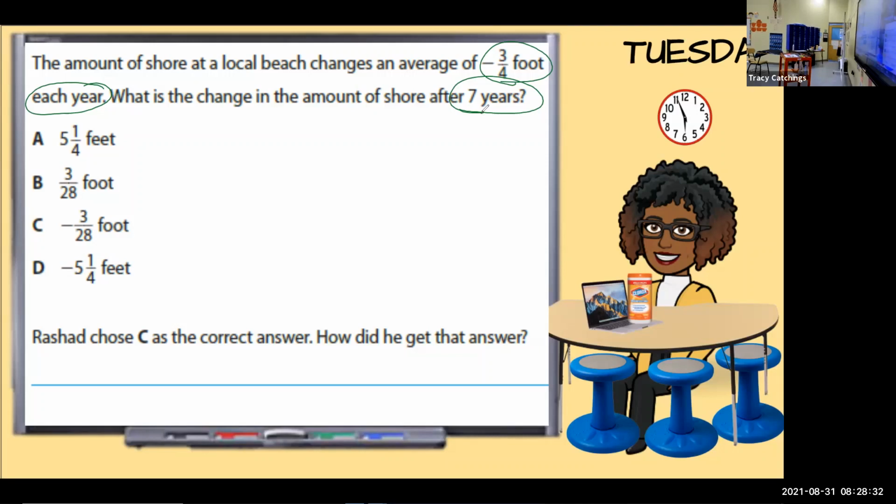All right, will it be multiplication or will it be division? Division.